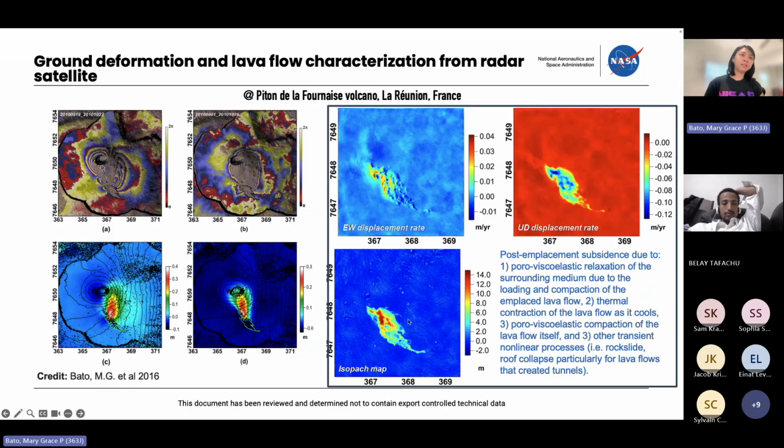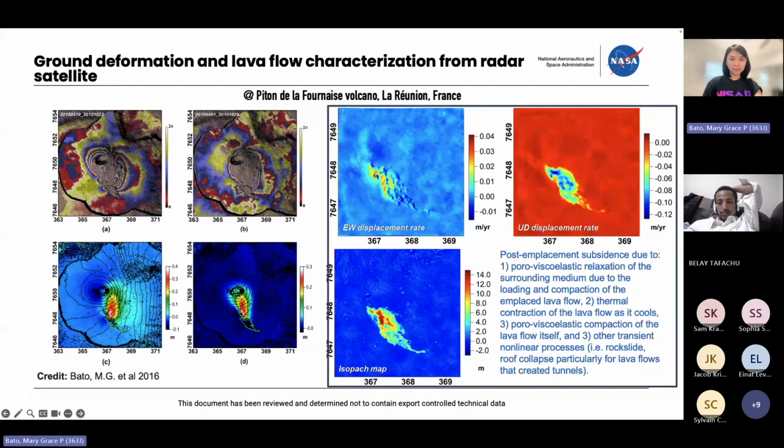But you basically stack the images together, and what we're looking at is not really the co-eruptive data, but the post-eruptive emplacement of the flow, and then we stack the data together and do an inversion using several images and several viewing geometries of the satellite, so that you could really get this thickness map and also the displacement rate.